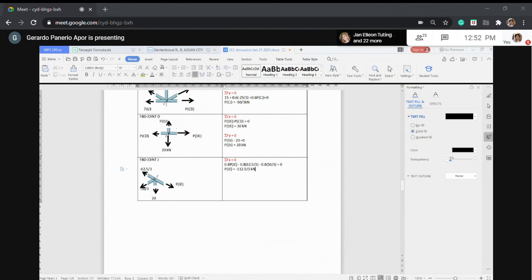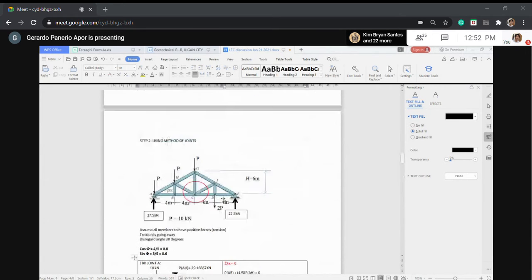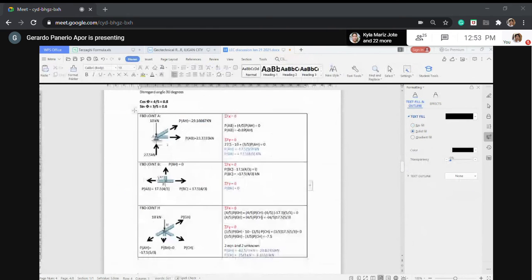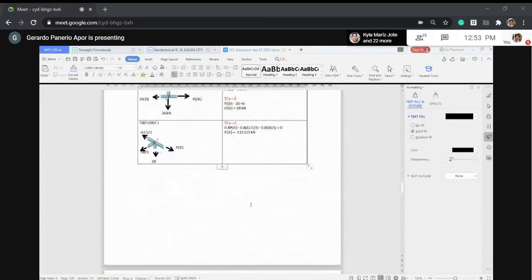So that's the answer. 112.5 divided by 3, and that's equal to 37.5. So we have been able to solve all of it now as we go here. So that's how method of joints is being solved.